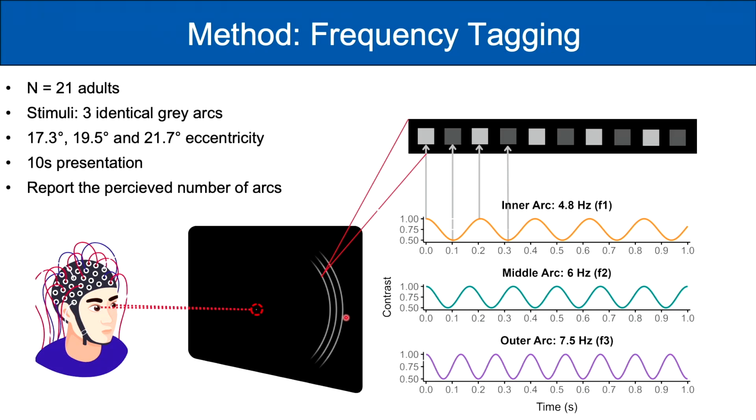We presented that for 10 seconds, and we asked participants to indicate how many arcs they perceived at the end of stimulus presentation. The idea here is that if the integration hypothesis holds, when participants perceive 2 arcs, we expect to see a stronger intermodulation component compared to when they indicate they perceive 3.